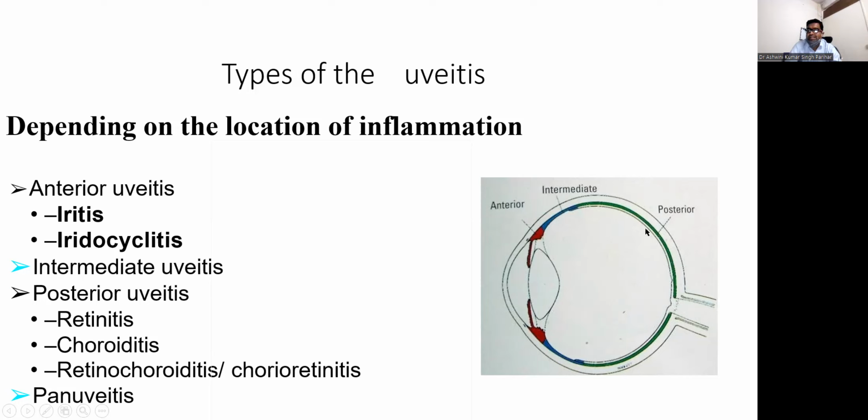And when it involves the inner coat of the eye, the retina as well as vitreous and choroid, it is known as posterior uveitis. Whenever it involves all three, anterior, intermediate, and posterior, collectively it is called panuveitis. So I think till now everyone is clear about anterior, intermediate, posterior, or panuveitis, and what uveitis is.